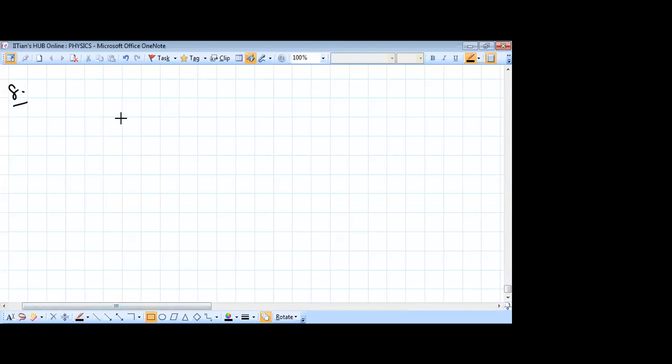What is happening is you have two blocks which are kept against each other on a smooth surface.